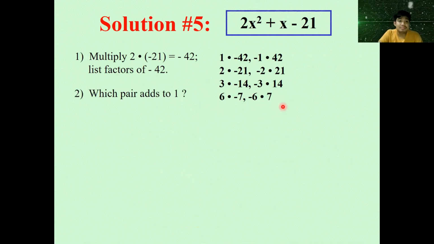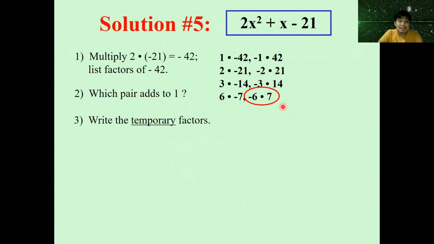Now, next step, which pair adds to 1? So look for those pairs and then try to add them all. I mean, add nyo yung mga bawat pares and then hanapin nyo kung alin doon ang sagot is 1. So, ang pares na yon is negative 6 and 7. So, write the temporary factors. We have x minus 6 and x plus 7. Hindi pa yan yung sagot.